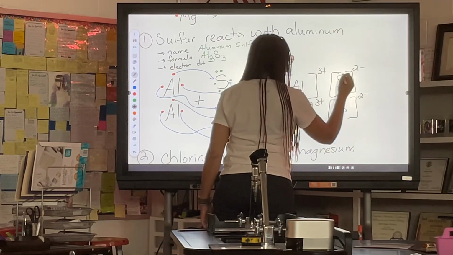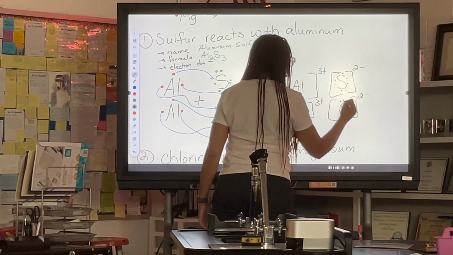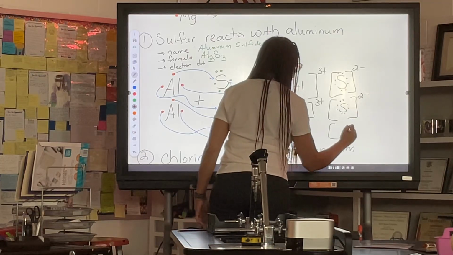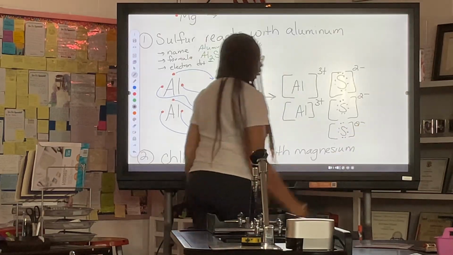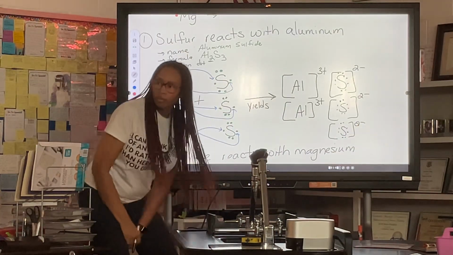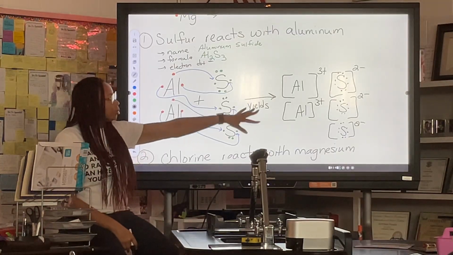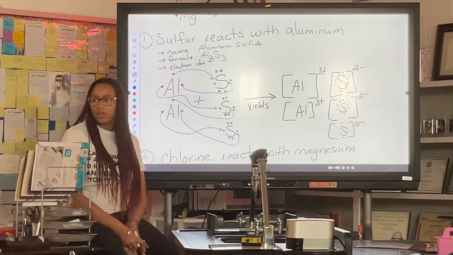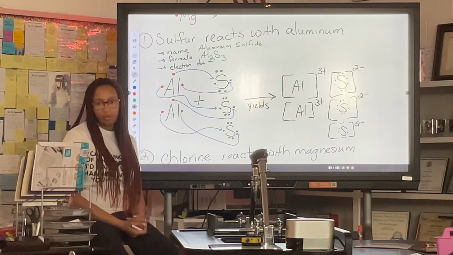Oh wait, what did we forget on the sulfur? The valence electrons. Okay, so that's an indicator that there's 2 aluminum ions for every 3 sulfur ions. That's what this is indicating. Okay, that's the electron dot diagram.